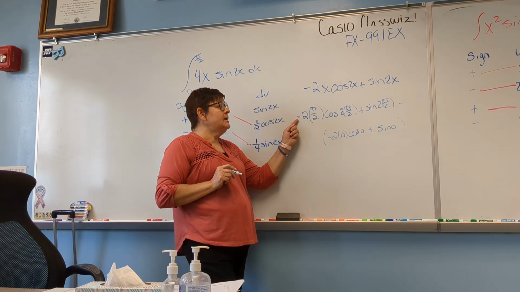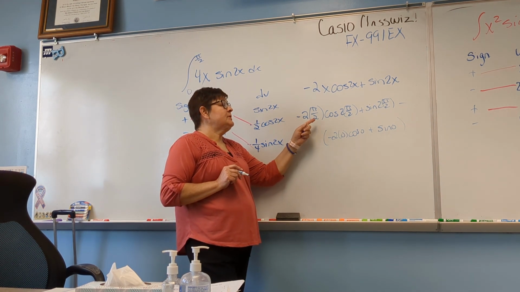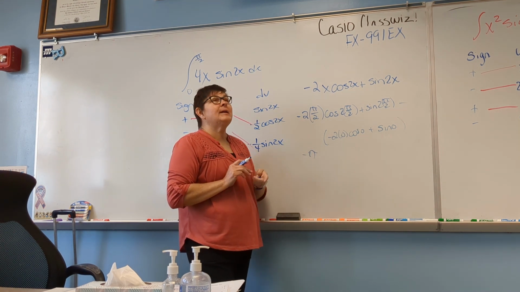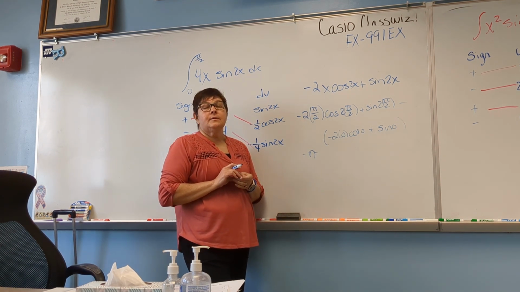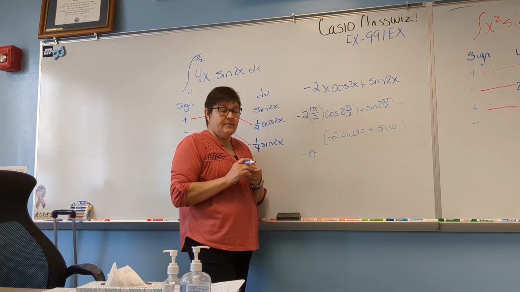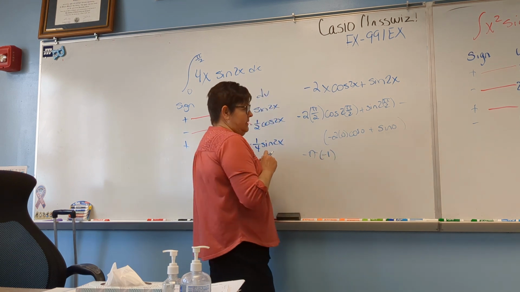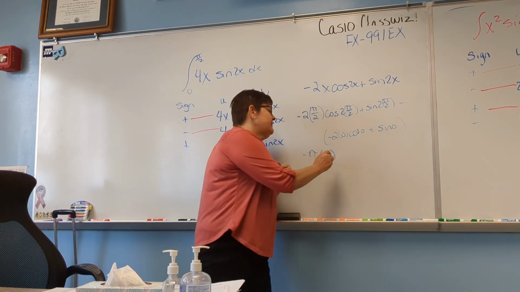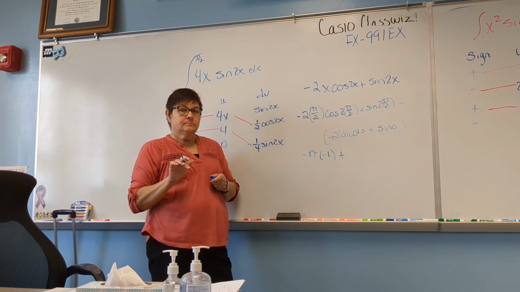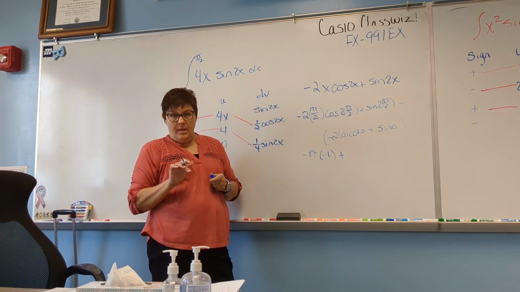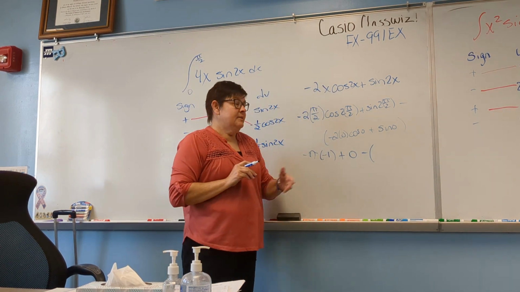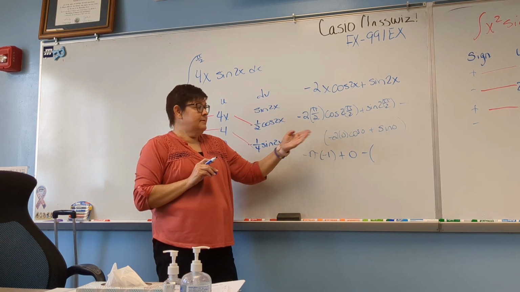This right here is, the 2's reduced, so we have negative pi. Are we there? Good. Cosine at pi. So negative because the 2's cancel, what's the cosine at pi? Negative 1. Sine at pi is 0. So plus 0 minus, 0 times anything is 0.